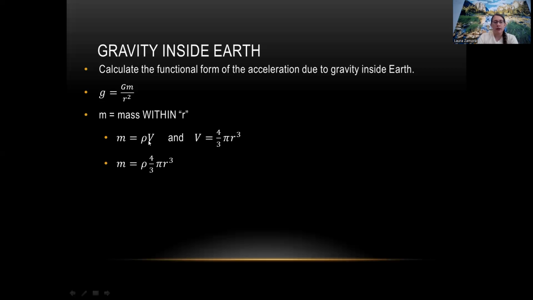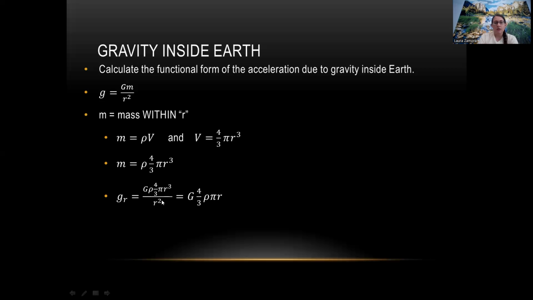So if we combine those two equations, that means the mass that we're considering is the density of the earth times 4/3 pi r cubed, and that r is the distance from the center to wherever the ball is at that moment. So the acceleration due to gravity at that random point within the earth is big G times the mass, which is now density times 4/3 pi r cubed, divided by r squared.